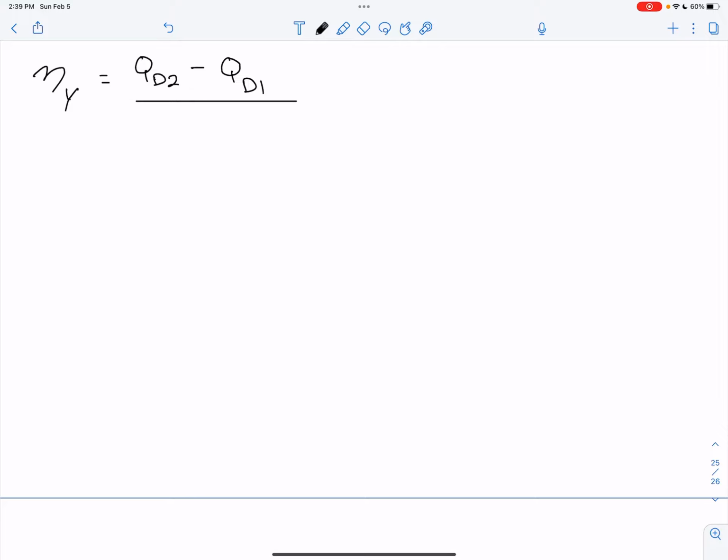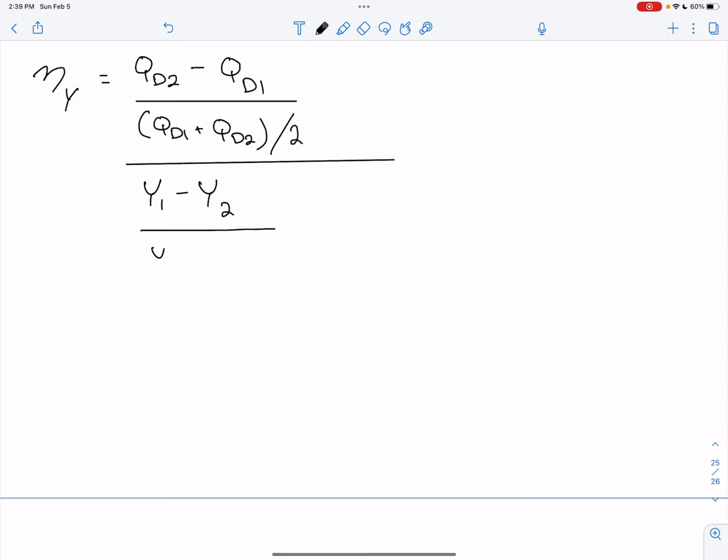If that doesn't make sense to you, please watch the previous video, right? So you take the average of the two and you divide it by change in income. So income 2 minus income 1 divided by the average. Okay, so that's how you calculate income elasticity of demand.